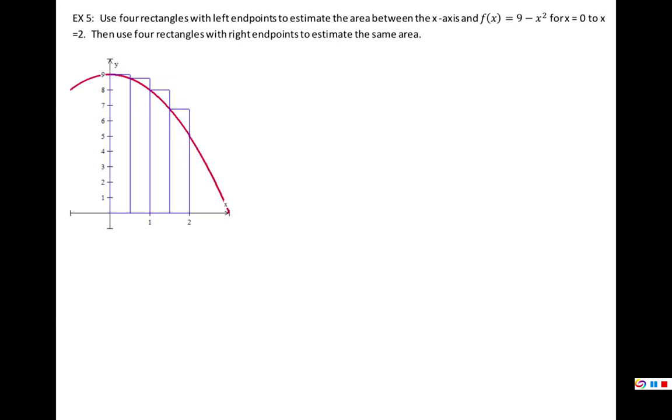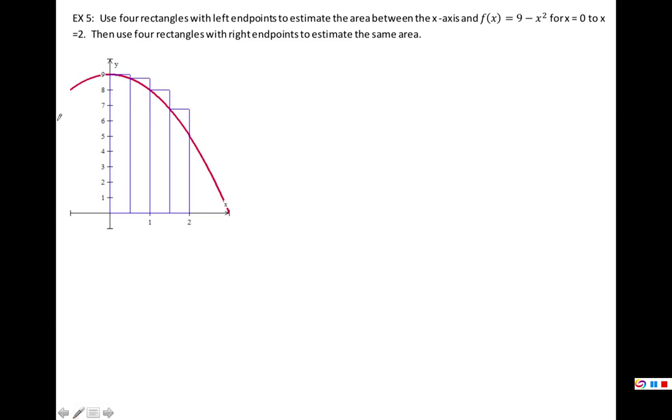All right, so with the rest of this video, we are going to switch gears and we are going to talk about an area problem, and then eventually we'll try to connect area to our sigma notation. So what we're going to be focusing on in the next couple sections is how do we find the area under a curve? And so what I'm talking about is how do I find the area between the x-axis and a function?